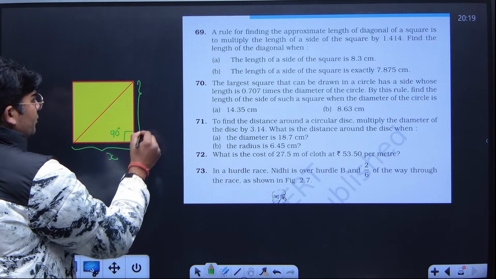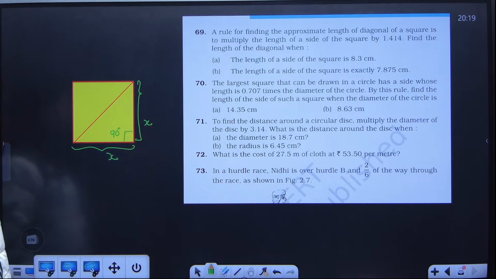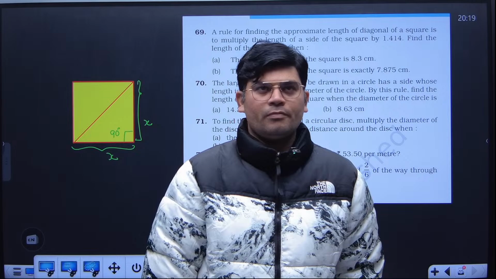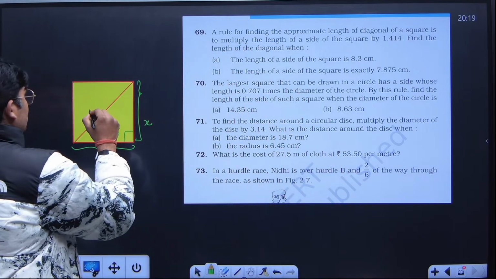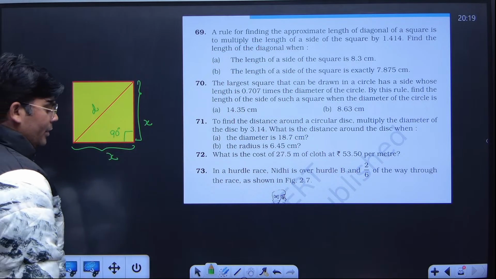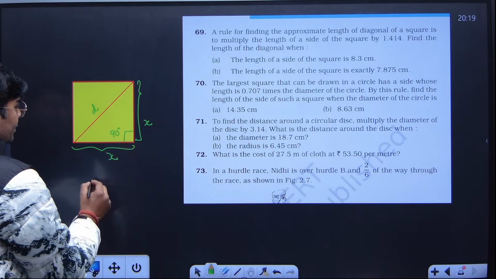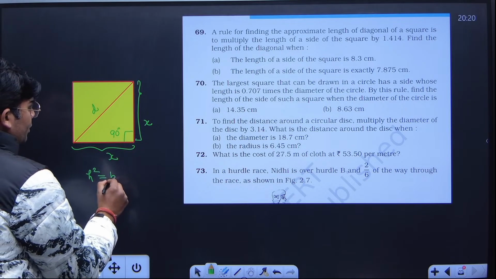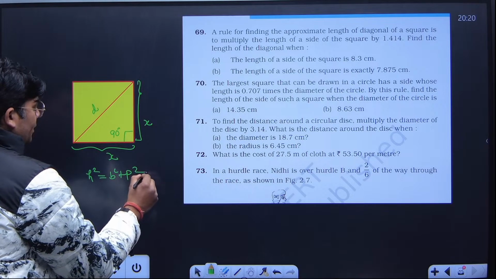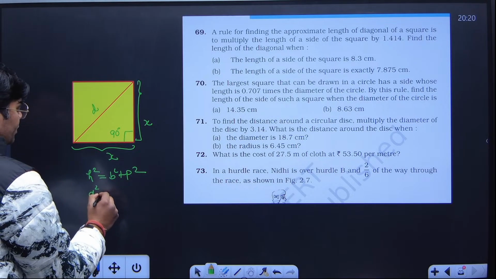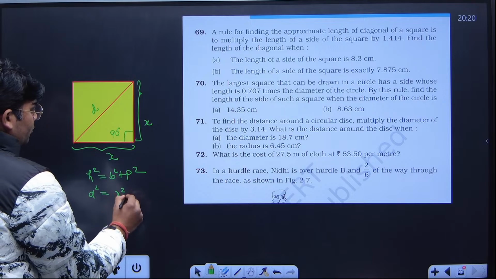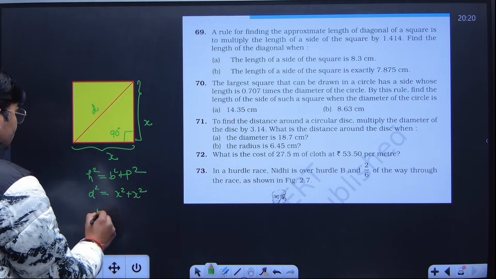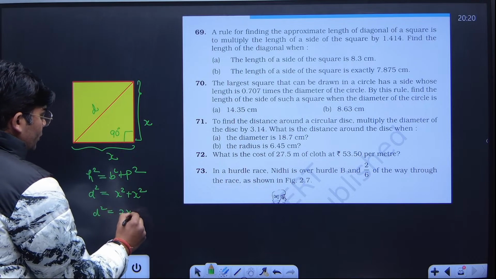So this will also be of length x. Have you heard of Pythagoras theorem? Yes, sir. Pythagoras applies only to a right angle triangle, and since this is also a right angle triangle, Pythagoras theorem says the square of the hypotenuse is equal to base square plus perpendicular square. So in this case d square is going to be equal to x square plus x square. So d square is going to be 2x square.